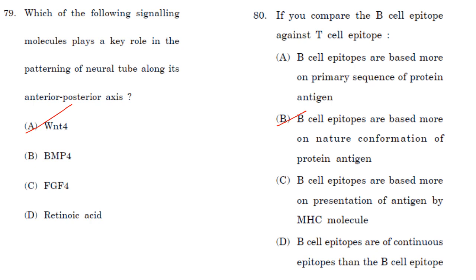Not on the primary sequence, but on the native conformation of protein antigen. B cell epitopes are based more on presentation of, it is not B cell epitope, it should be T cell epitope. B cell epitopes are of continuous epitopes than the B cell epitope. That statement itself is wrong. B cell epitope has been mentioned two times. So B is the correct answer.